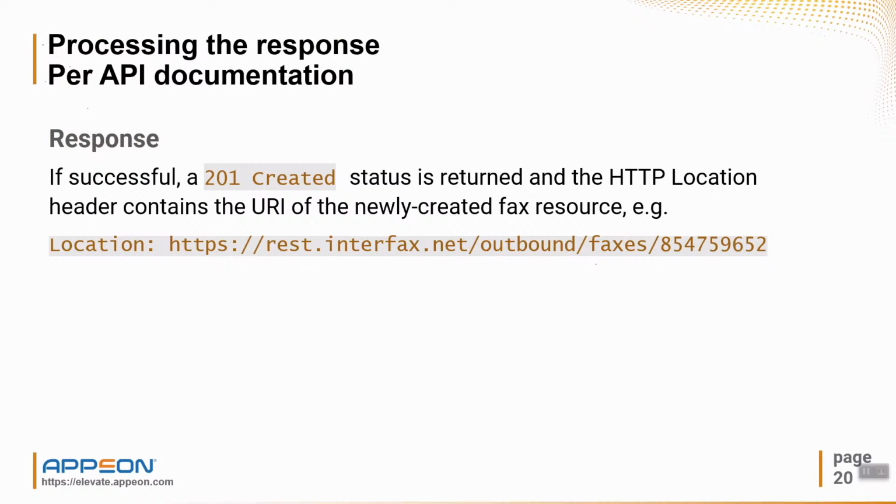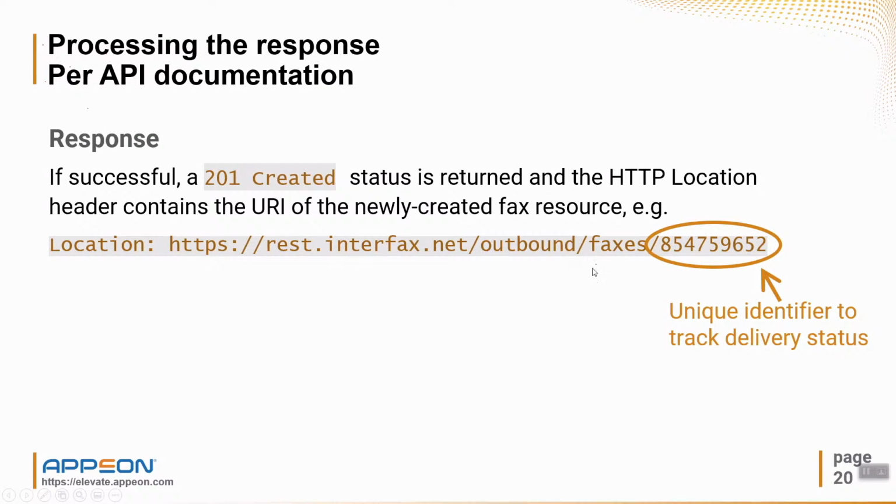And then to interpret the response, let's look at the documentation. So if successful, a 201 created status is returned, and the HTTP location header contains the URI of the newly created fax resource. So this is a response header called location, and the value contains a unique identifier, which we'll use to track the fax status.